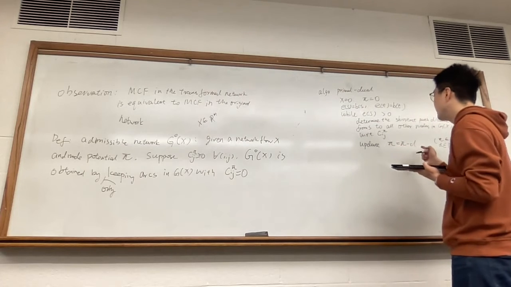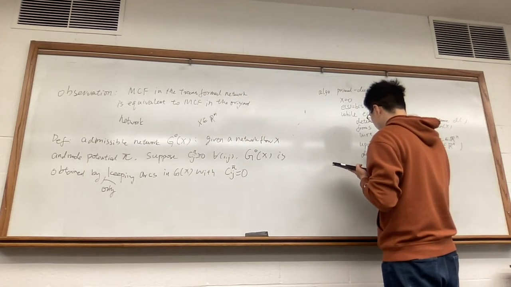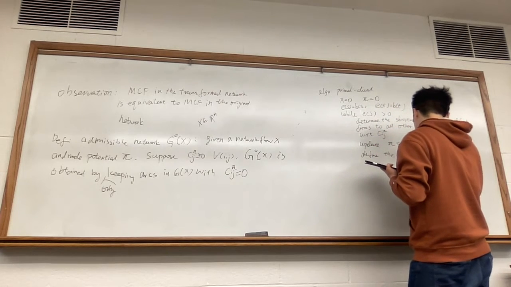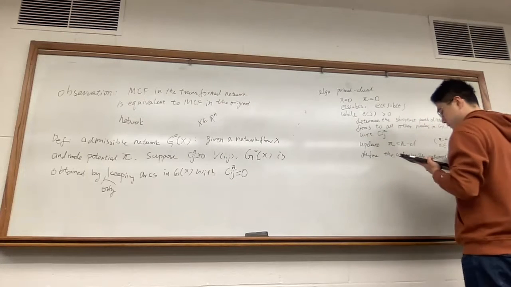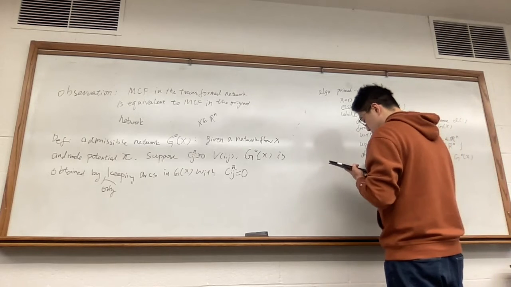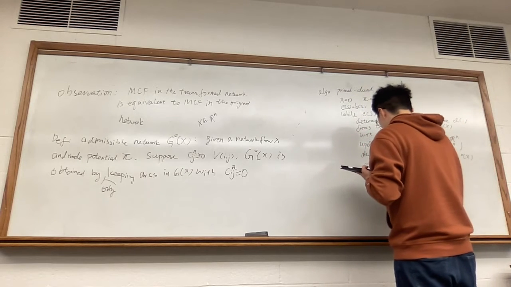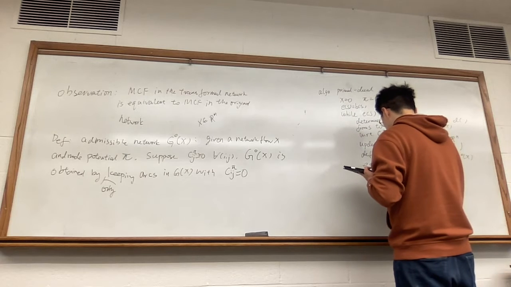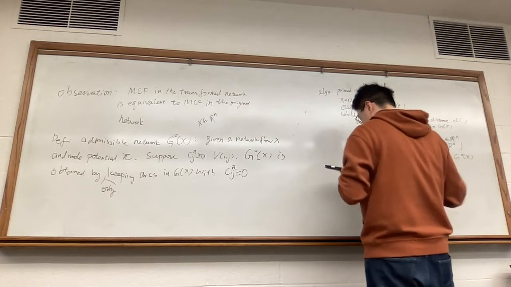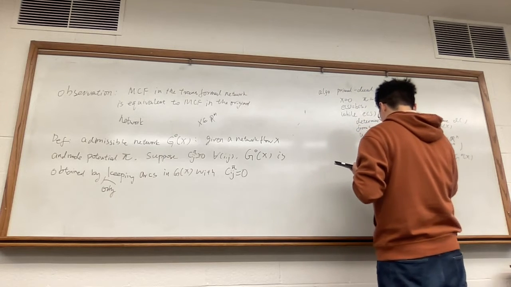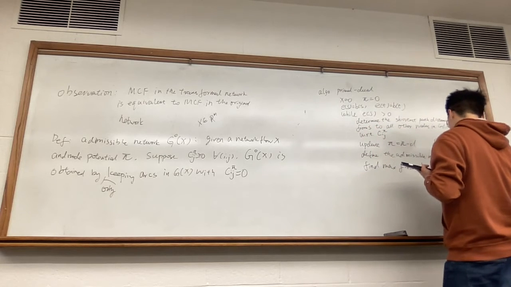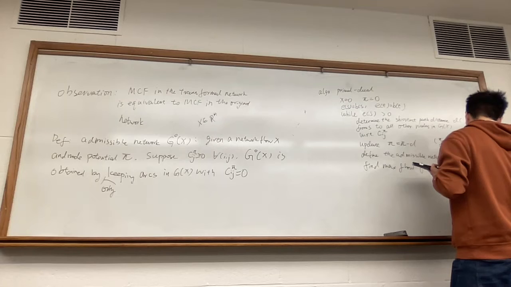So we update pi, and then we define the admissible network G0x, and then we find max flow from S to T in G0x.